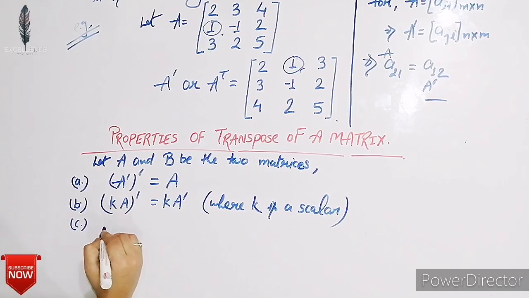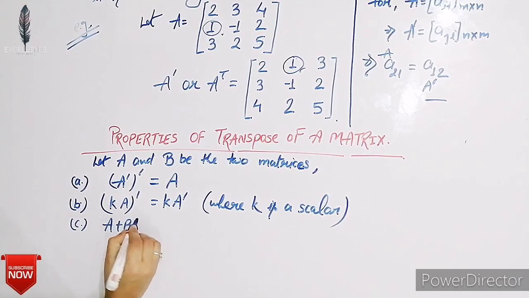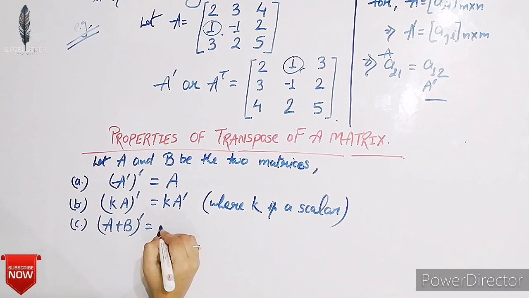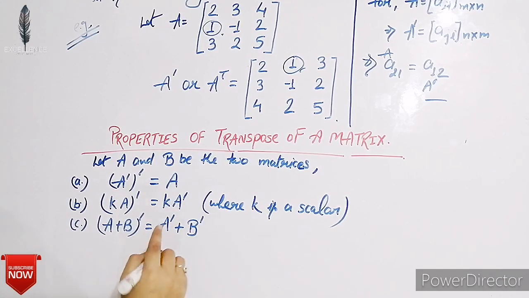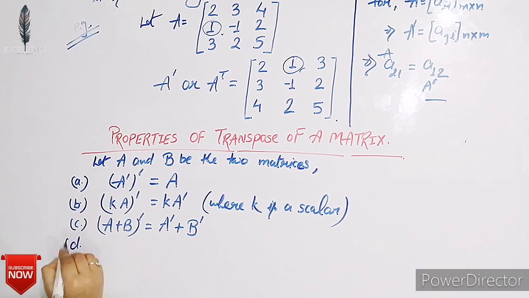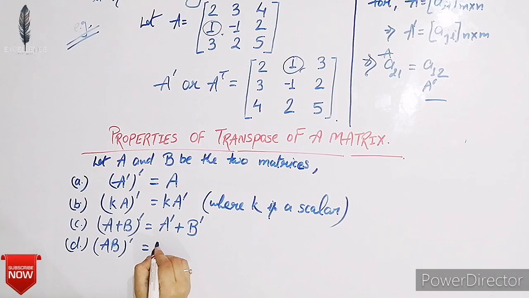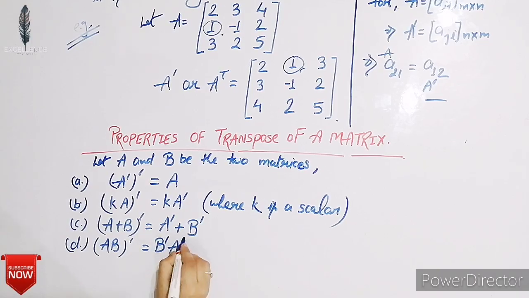Next, third is A plus B whole dash is equals to transpose of A plus transpose of B. सम का ट्रांसपोज निकालें, अदरवाइज दोनों का निकाल के ऐड कर दें, इक्वल ही होगा. नेक्स्ट लास्ट इज transpose of AB is equals to B dash A dash. AB dash is equals to B dash A dash. Okay, clear?